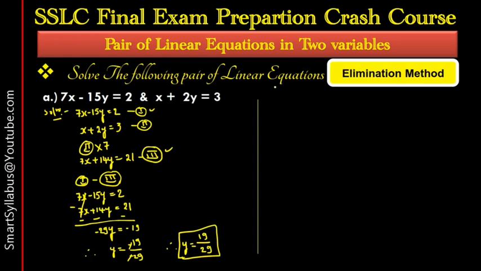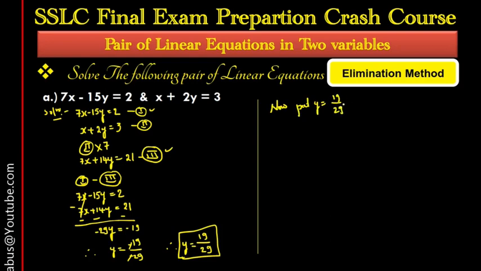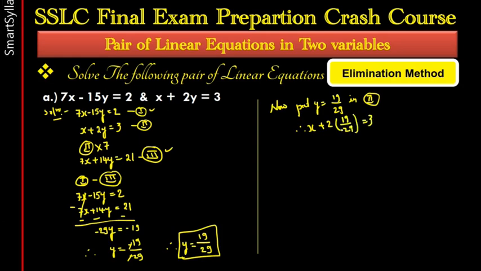Now put y is equal to 19 upon 29 in equation 2, because that's looking a little bit easier, because x is not having a coefficient. Therefore x plus 2y, with y as 19 upon 29, that's equal to 3.